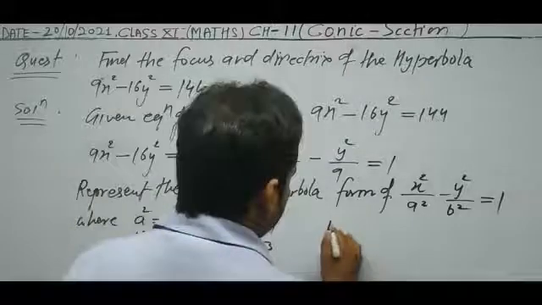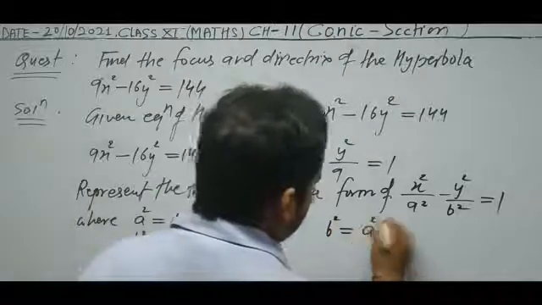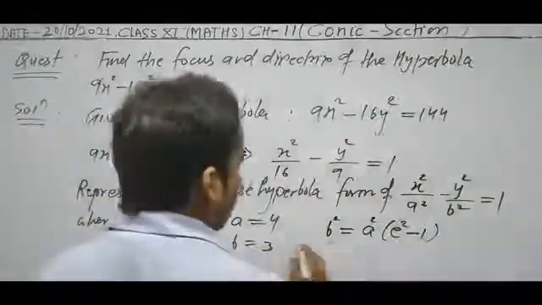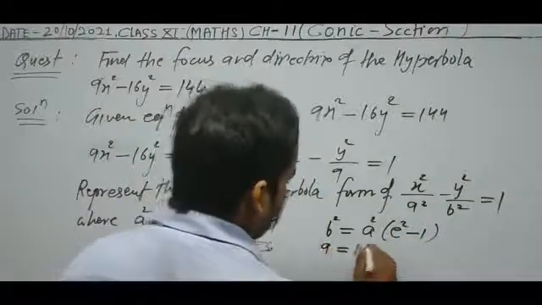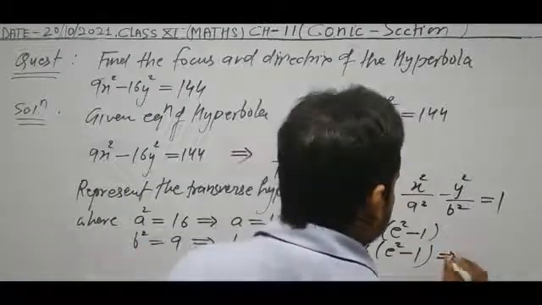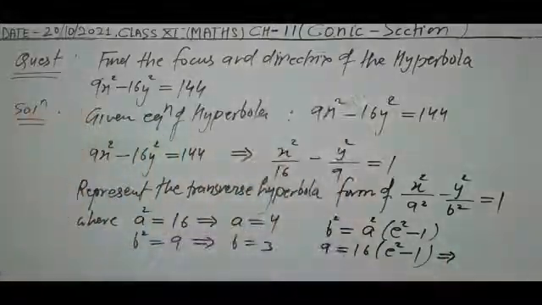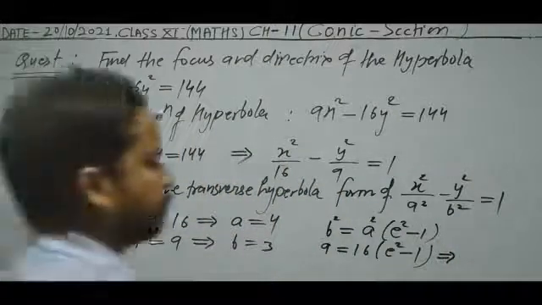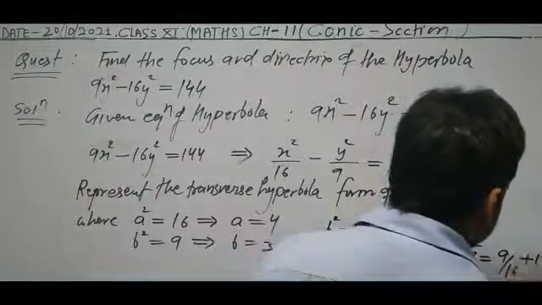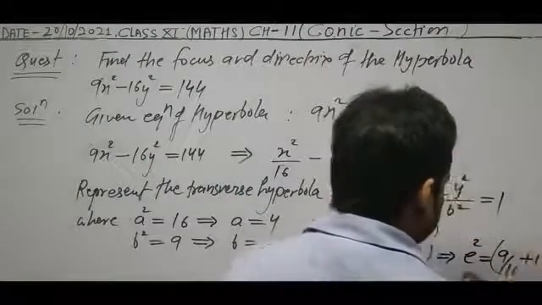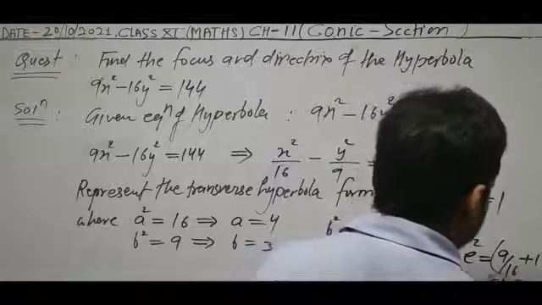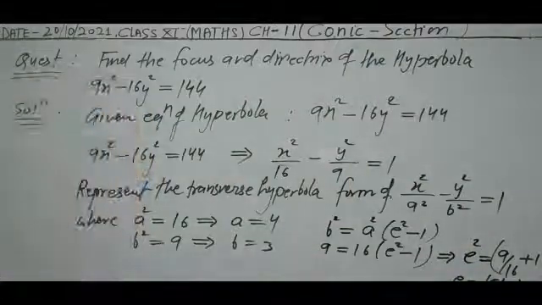So b square is equal to a square in bracket e square minus 1 is the relation. So 9 is equal to 16 in bracket e square minus 1. This implies e square is equal to 9 by 16 plus 1, and the result will be 25 by 16. Now result will be 5 by 4.